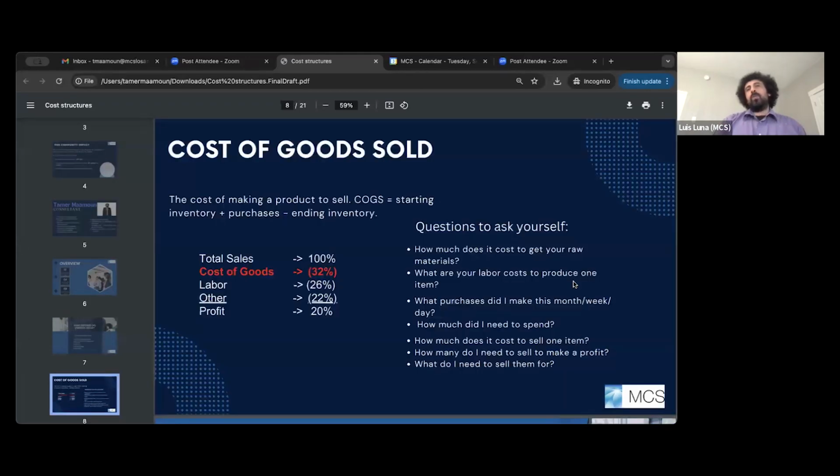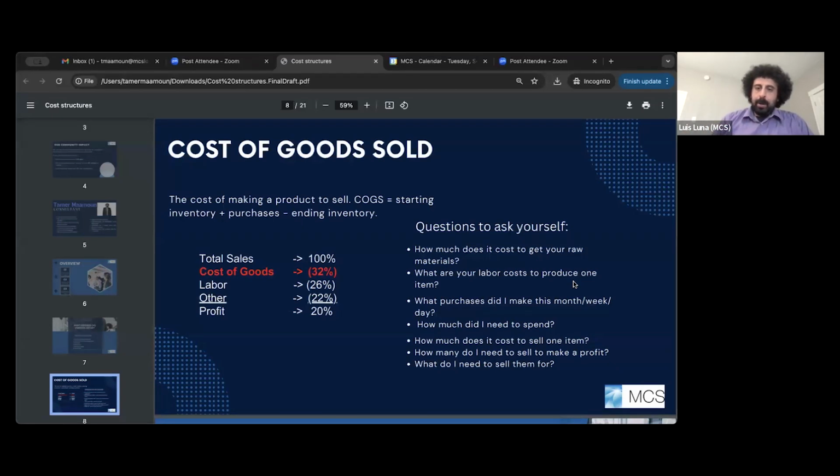And the cost of goods sold is a very important metric for you to really internalize, because you're looking at your starting inventory and your purchases, what it costs for you to make something to sell to someone.